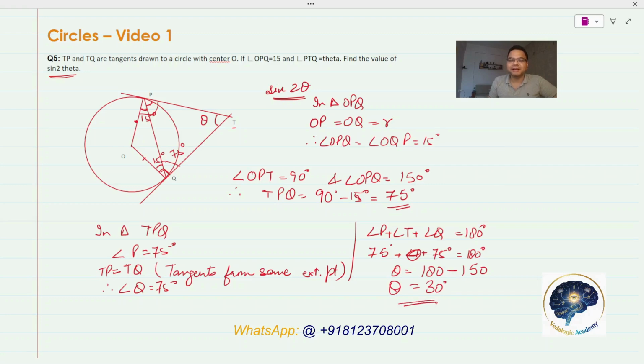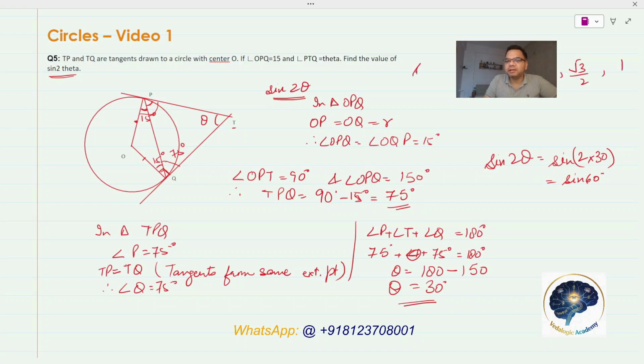Theta is 30 degrees, and we have to find sine 2 theta. What is sine 2 theta? Sine 2 theta is sine of 2 theta. 2 theta is 2 into 30. We have to find sine 60. Now if you remember the table from trigonometry, it's 0, 1 by 2, 1 by root 2, root 3 by 2, and 1.